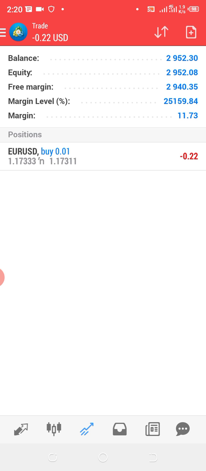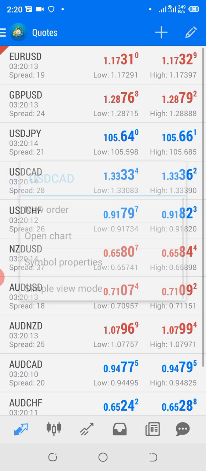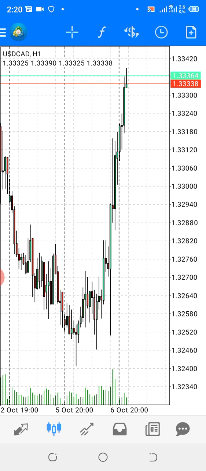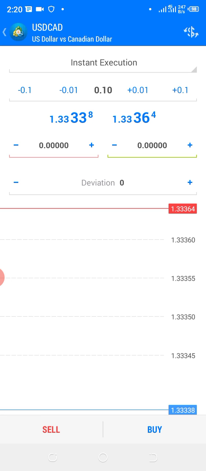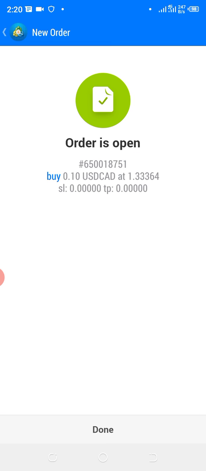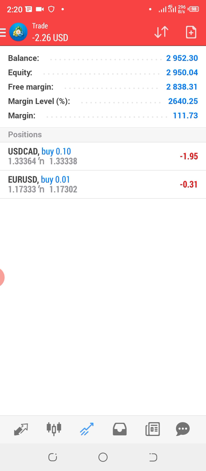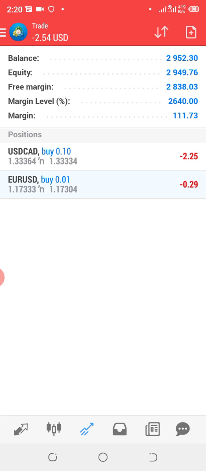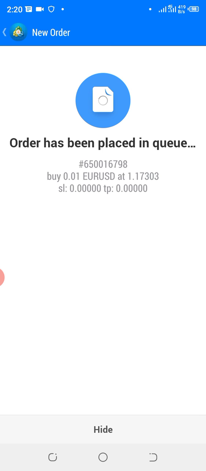So let me open another position and see. Open chart. This is Canadian dollar. Let me sell again at 0.1. Let me buy. So as you can see here, let me close this Euro/USD, close order.